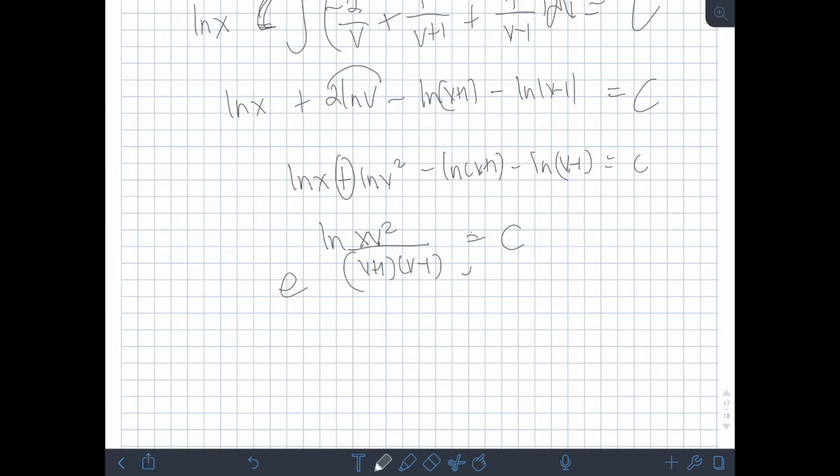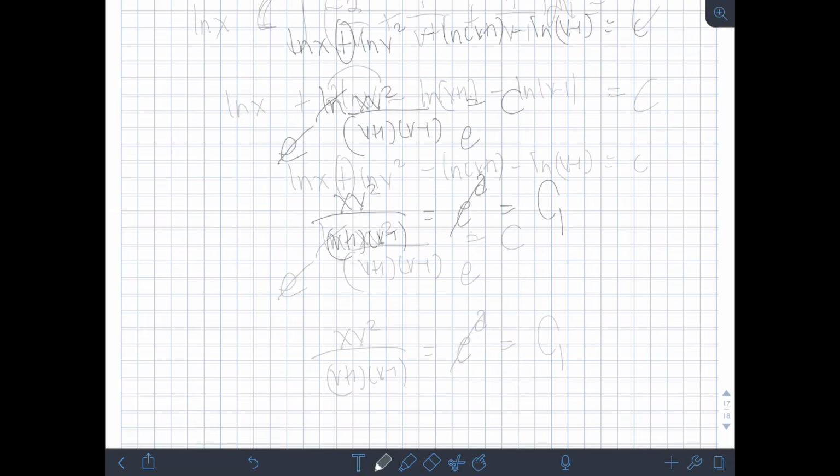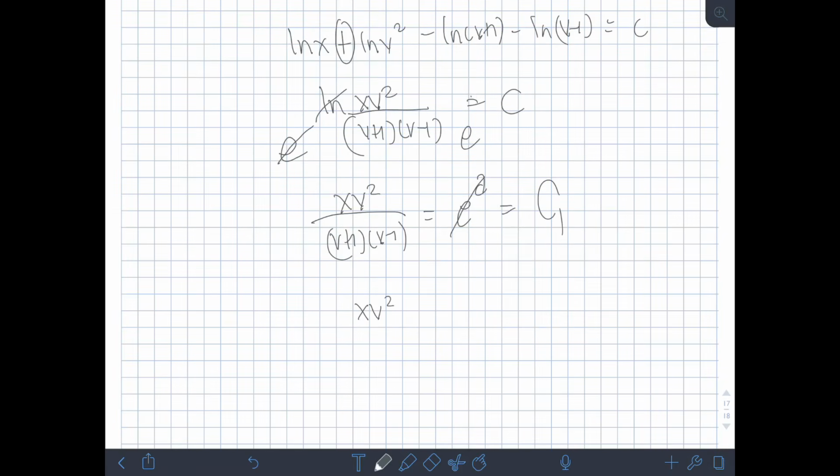Tapos, i-raise natin both sides by base e. So, makakancel tong e raised to ln, magiging x v squared over v plus 1, v minus 1 is equal to e raised to c. Where nitong e raised to c, pwede na lang c1. Okay? So, pwede itong maging equal siya sa x v squared over v squared minus 1, difference of 2 squares, equals c1.